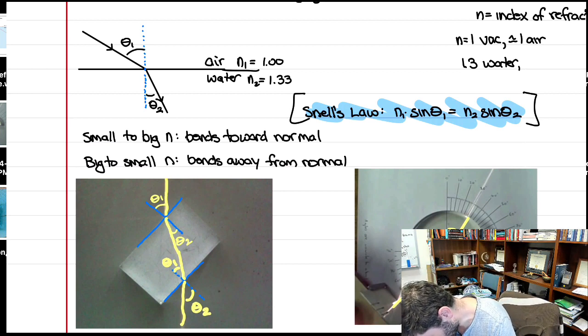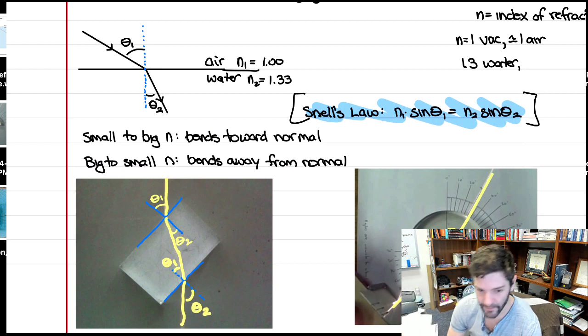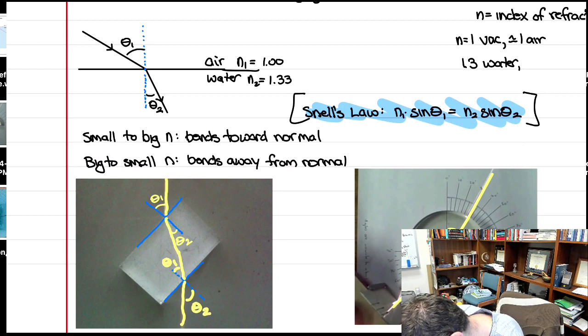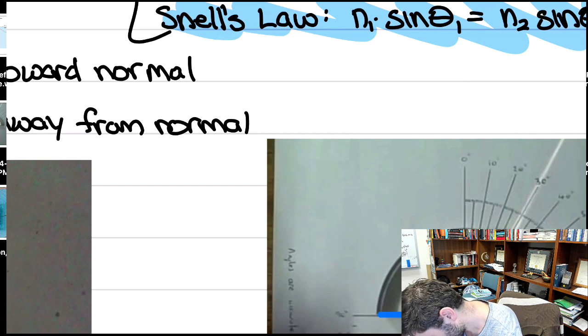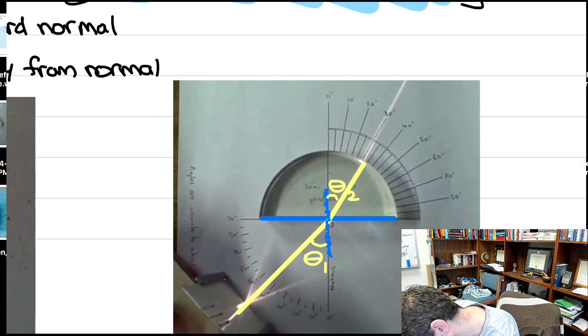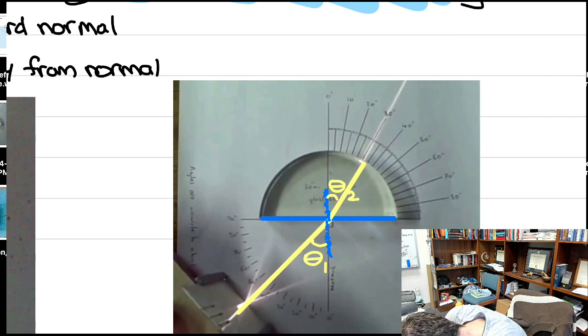But then notice when it comes out here, we have this semicircle interface, and it does not bend at all. Now, why doesn't it bend at all? Oh, I did not draw it perfectly. That's okay. It doesn't bend at all because notice if I were to draw the interface, the interface is here, and so the normal is along the same direction that the beam is passing through.